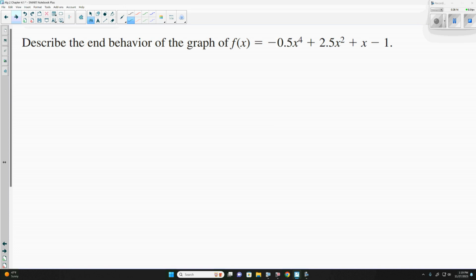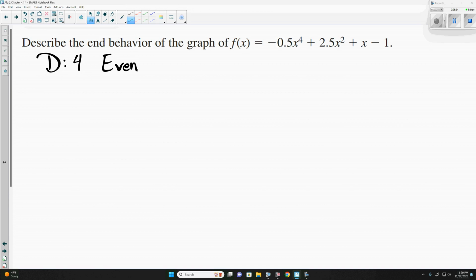Describe the end behavior of the graph of f of x equals negative 0.5x to the fourth plus 2.5x squared plus x minus 1. What's the degree of this here? 4.